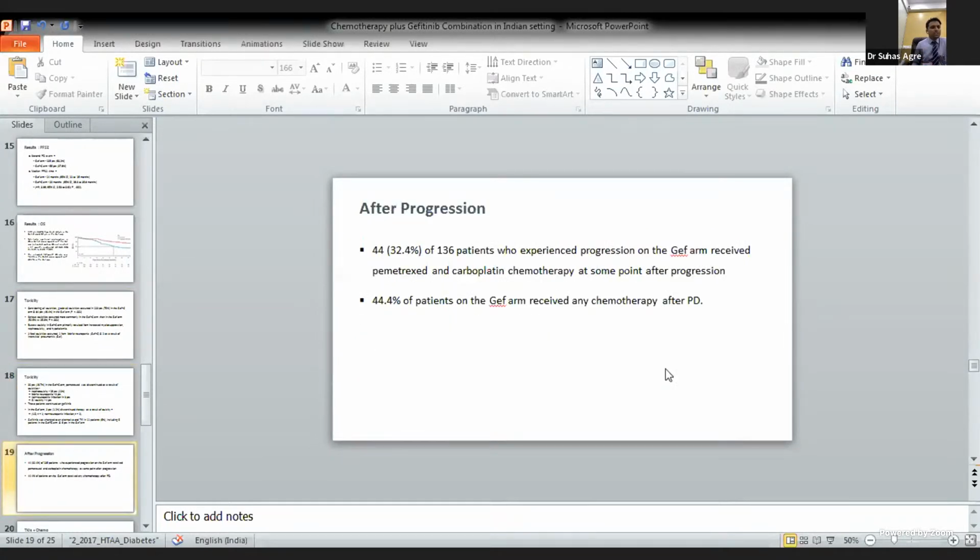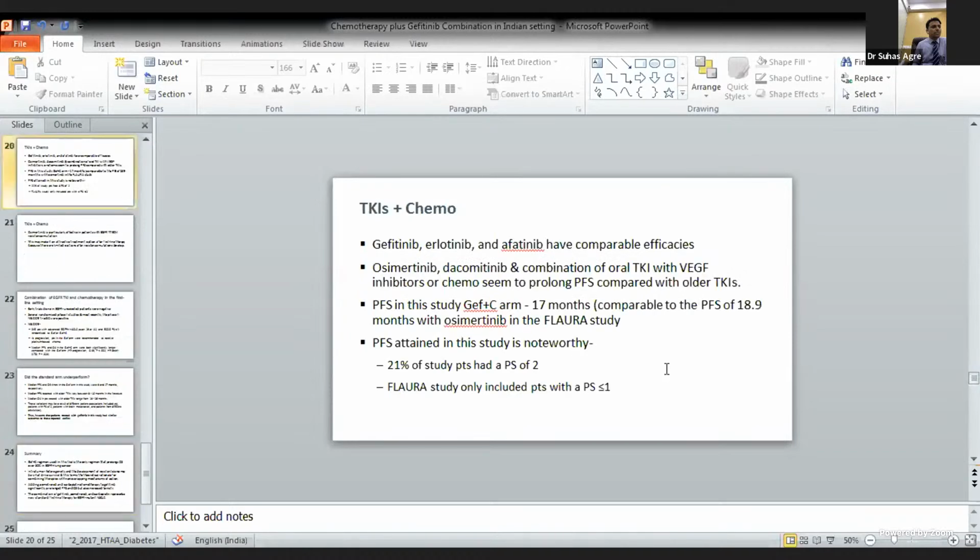So coming toward the similar points, those patients who progressed on the gefitinib again received chemotherapy after the progression. We can see from this particular slide that the PFS in this study was 17 months, which is comparable to the PFS of 18.9 months with osimertinib from the FLAURA study.